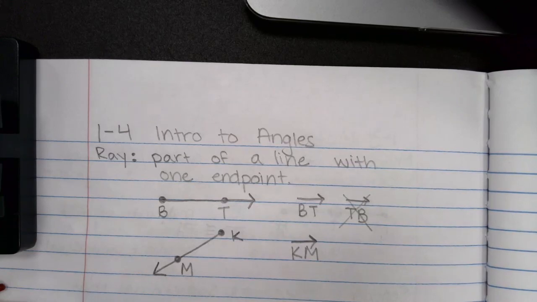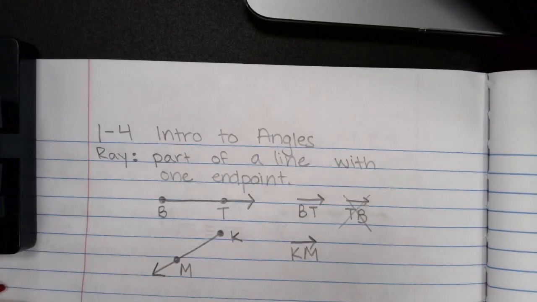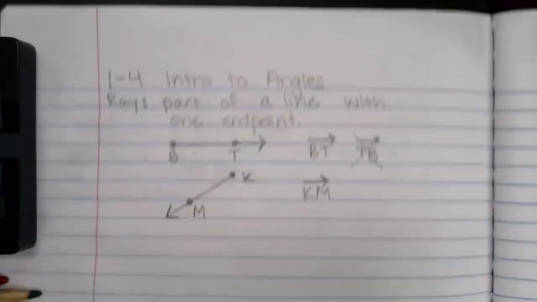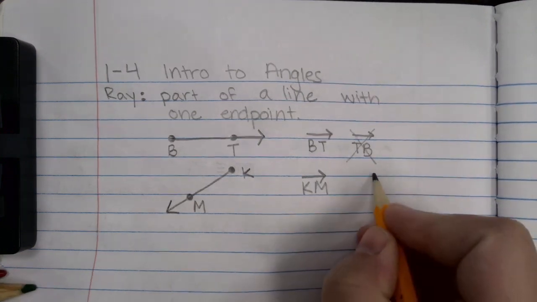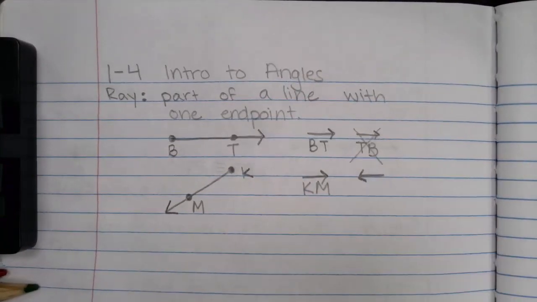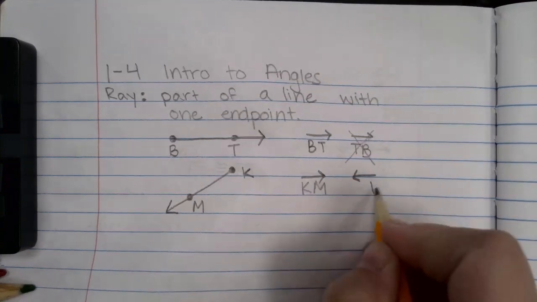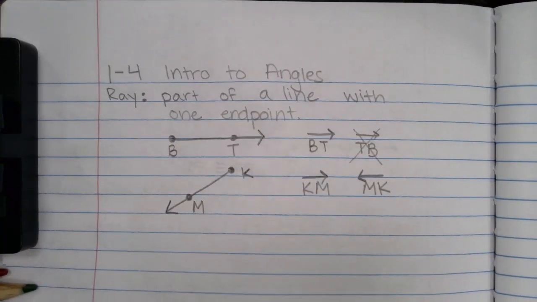Now, in math, to keep it consistent, we just can't have everyone doing everything all the time. Then we just have no rules and life is crazy and chaotic and we don't know what's happening, right? Some people, they're like, oh, well, if I do a ray this way, and I write that it starts at K and it goes past M, now we're just getting into the crazy business.